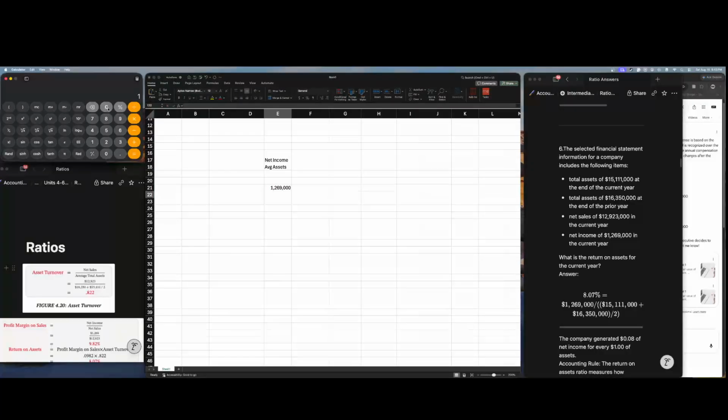So it's 15 million plus 16.5 million divided by 2, 15,175,000. So 1,261,000 divided by that is about 1%.